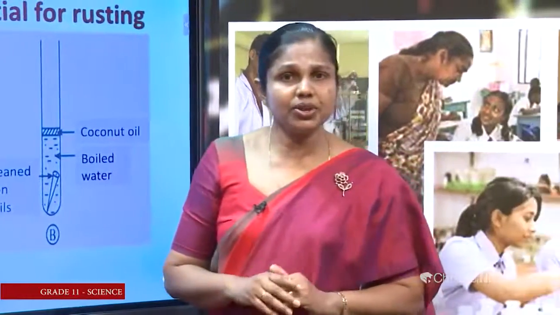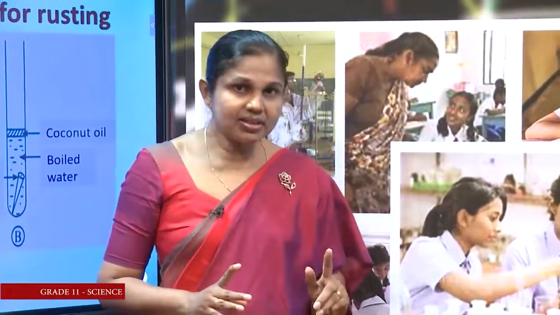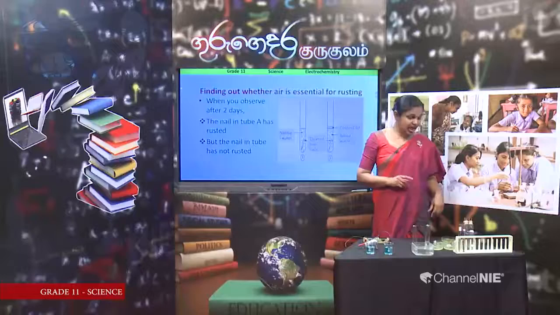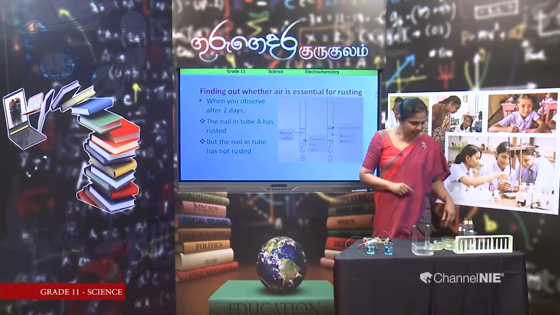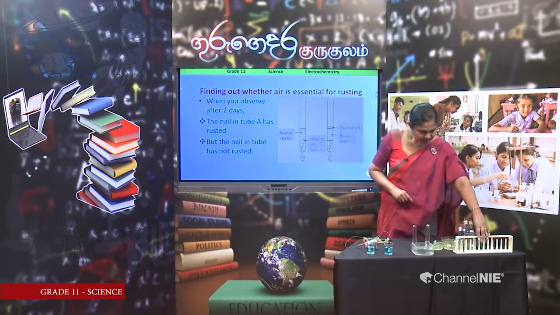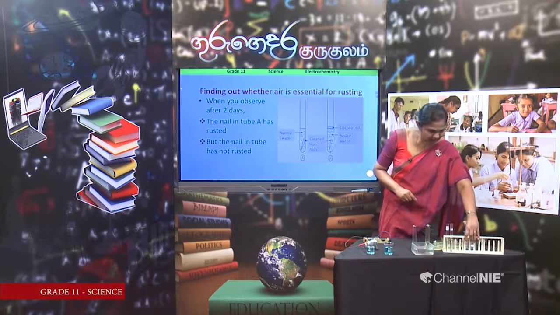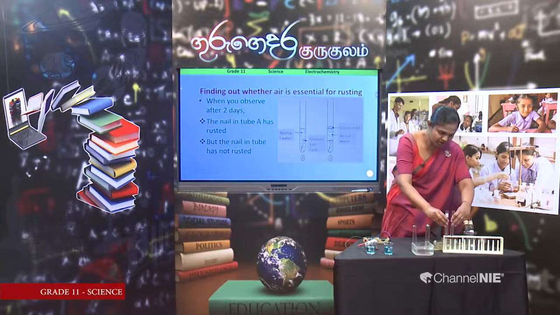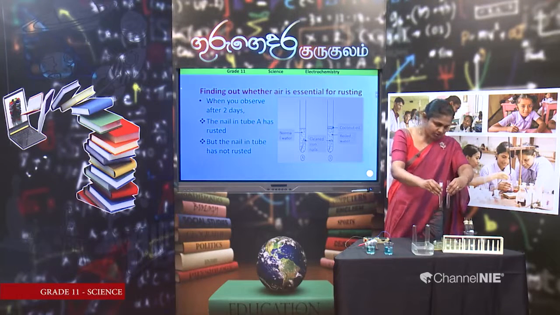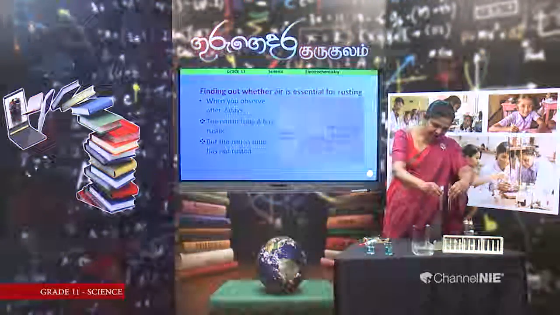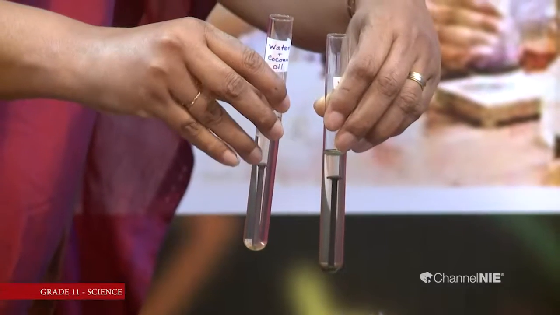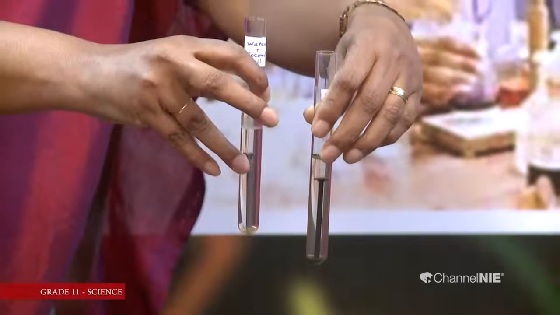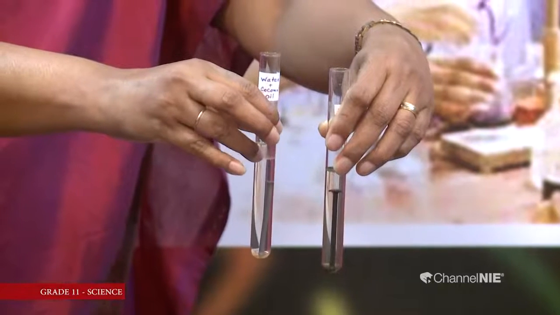Right, I will show you, children, the real setup that we can arrange to do this activity. Okay, right. Here I have 2 nails. One nail has only water and the other one has boiled water and a layer of coconut oil.